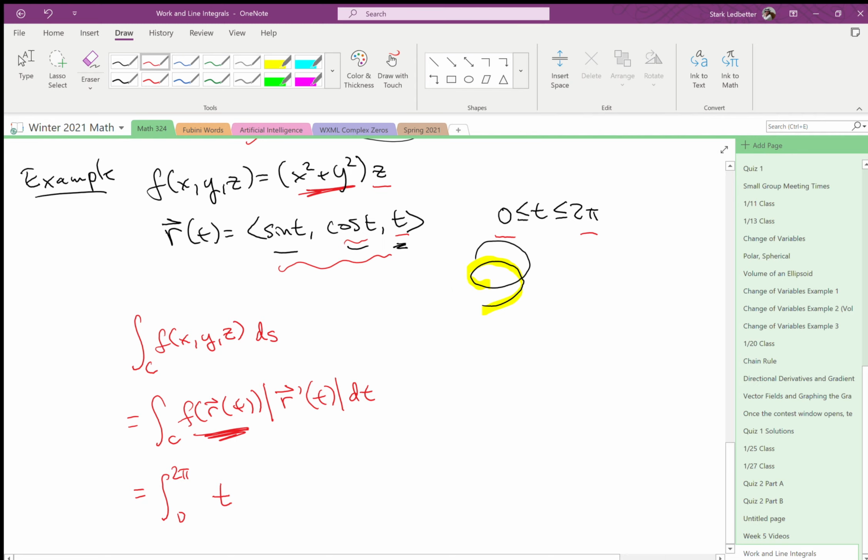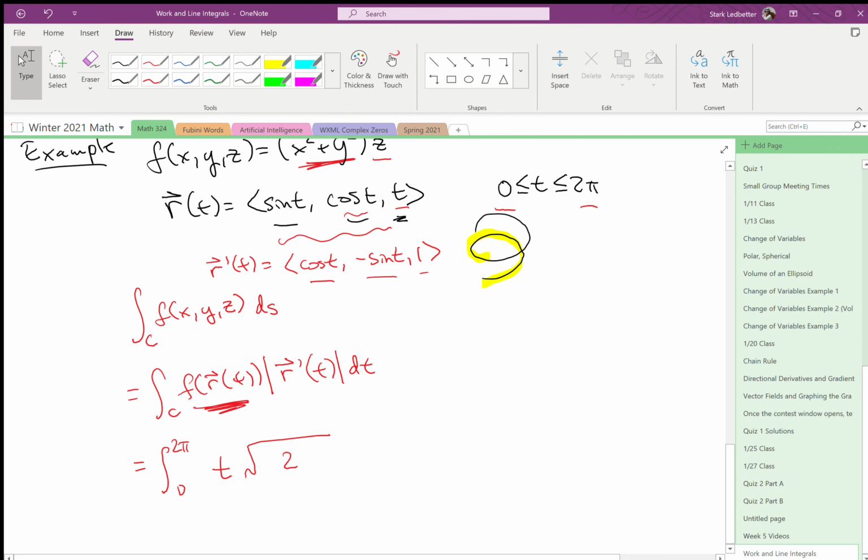And now we need to take a derivative. r prime of t is cosine t, comma, negative sine t, comma, 1. And then we need to take the magnitude of that. So the root of cosine squared t plus sine squared t, squared, so the negative goes away, plus 1. So that's a total of the root of 2, dt.